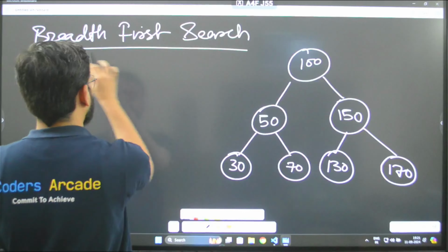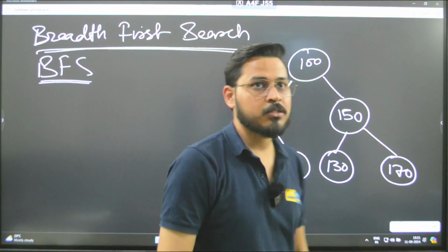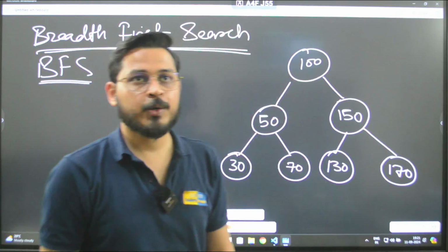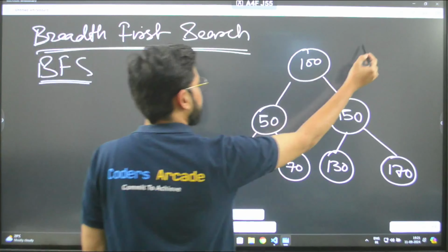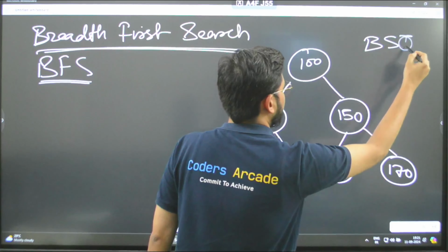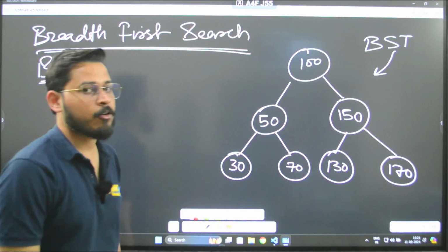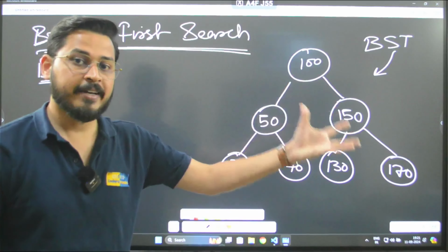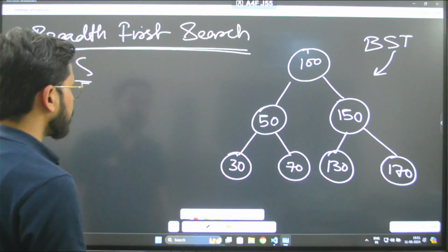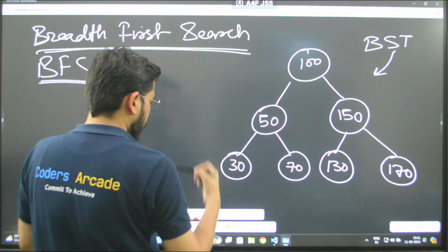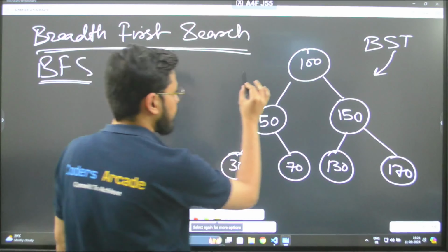People who are constantly attending my class have understood this concept really well. This is a BST right here. The same concept is applied as what we have done in binary trees, BT, and that was level order traversal. So we will traverse in this direction.